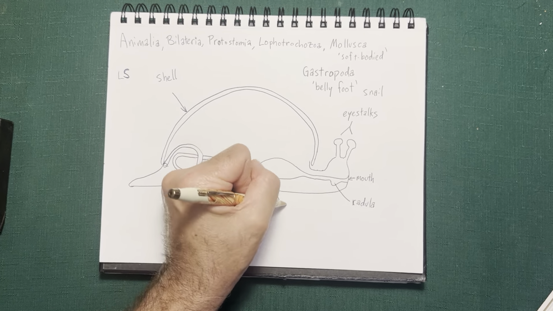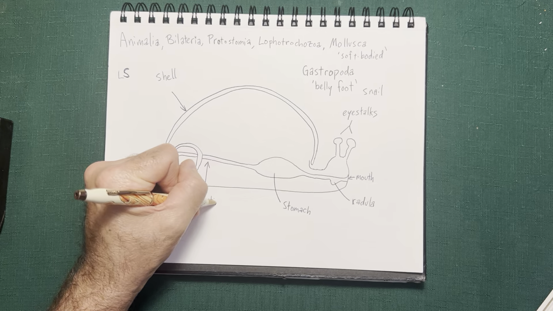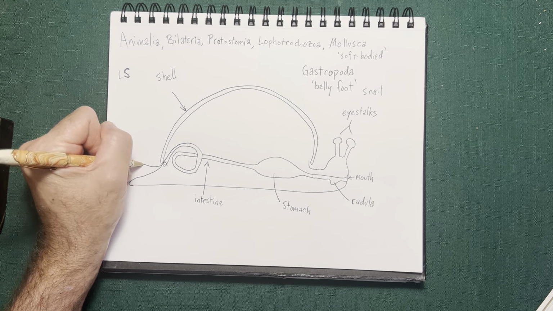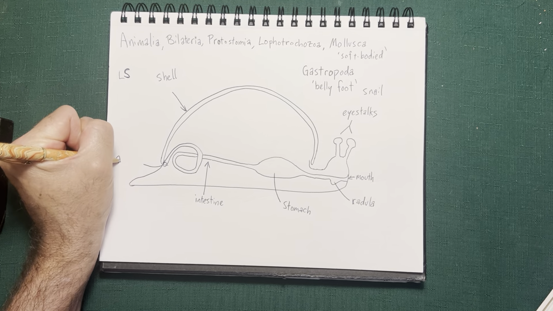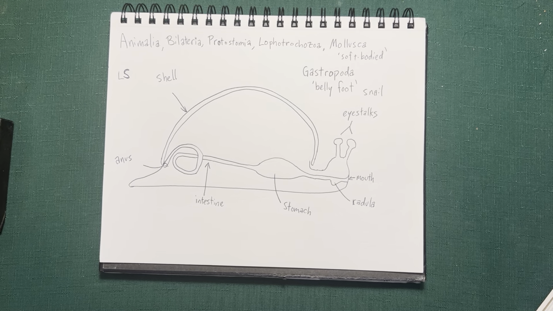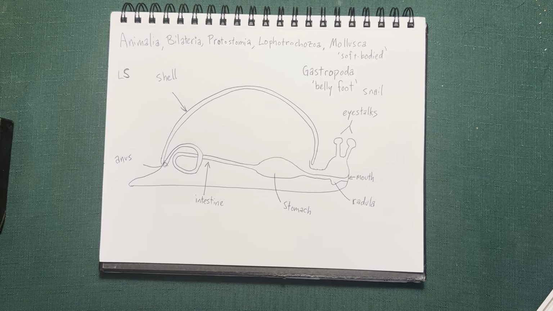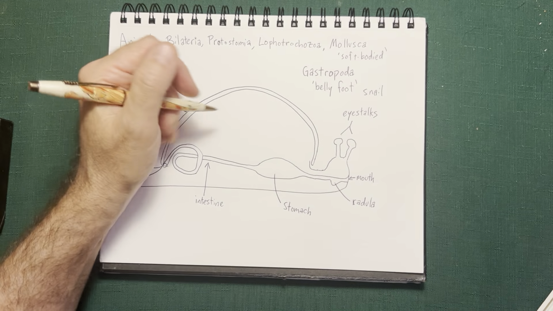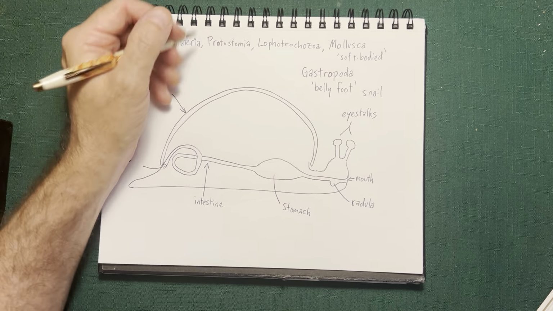All right, so we've got a stomach for digesting the food, which means everything after the stomach is going to be intestine for food absorption, and that's going to eventually lead to an anus. All right, so we've taken care of the eating and digesting and egesting needs of our friend here.